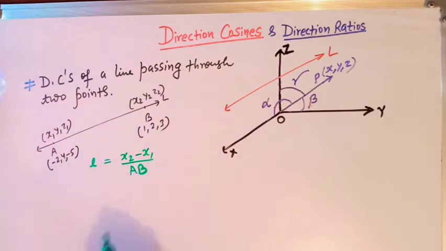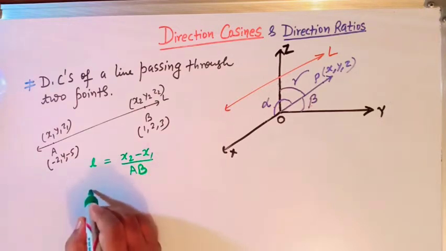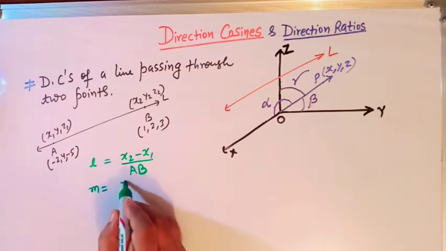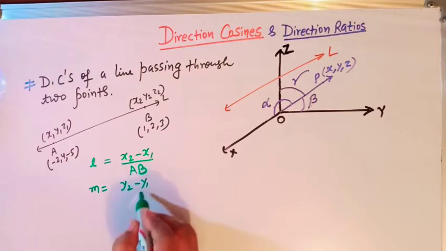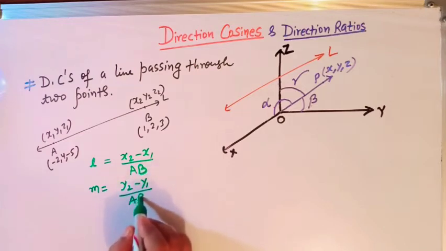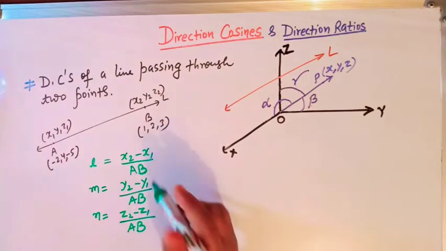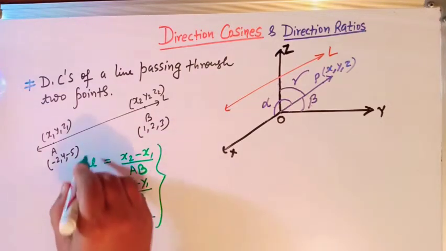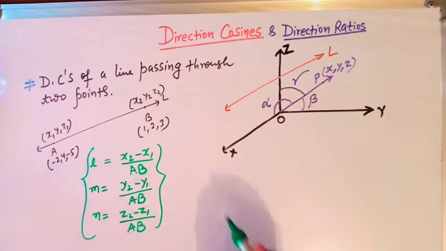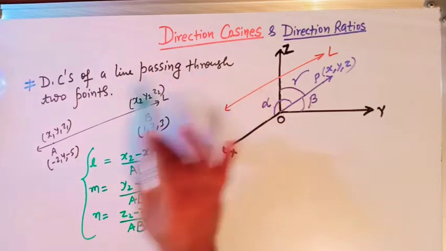Here we have AB, then M can be written as y2 minus y1 divided by AB, and then we have N, that is z2 minus z1 divided by AB, right? So these are the rules for finding out the direction cosines of a line passing through 2 points.